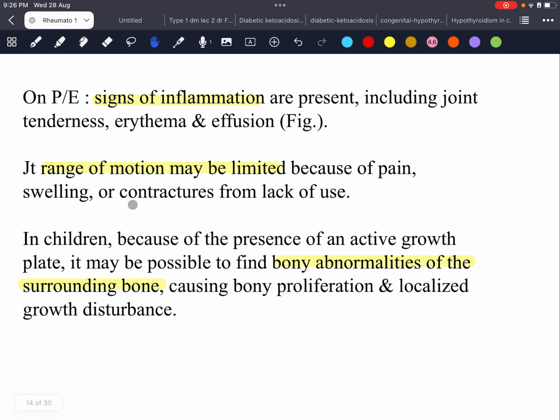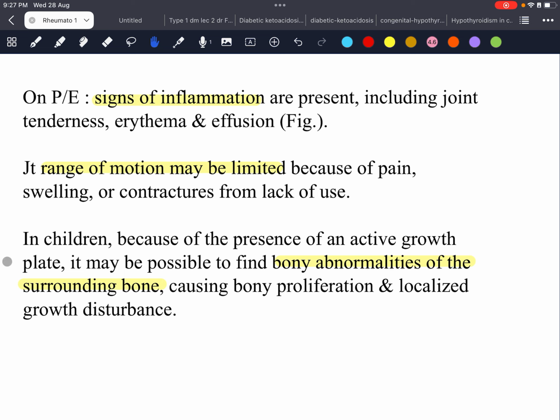Talking about the examination, we have signs of inflammation in the involved joint. You see swelling, tenderness on palpation, warm skin, and redness with effusion. The range of motion is limited due to the swelling itself or the presence of pain, and over a long time there will be contractures due to disuse of the affected joint.